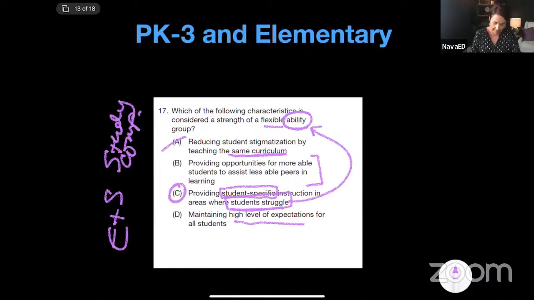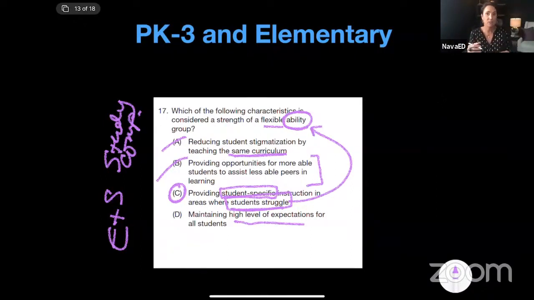So definitely A and B are out now based on the question. Now I'm down to C and D. Well, Dr. Jasper said high level expectations for all students on the good words list. Yes, it is on the good words list, but I also want you to pay attention to the question. And in this case, it leads you to ability. And in this case, C has that student specific.